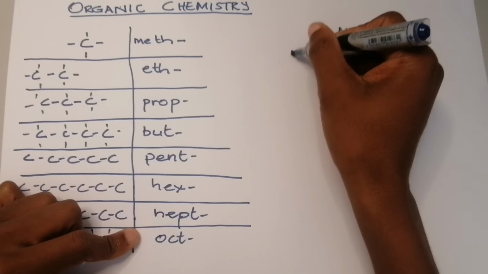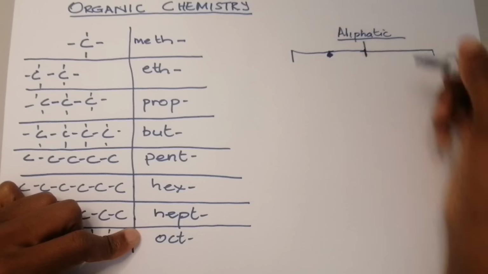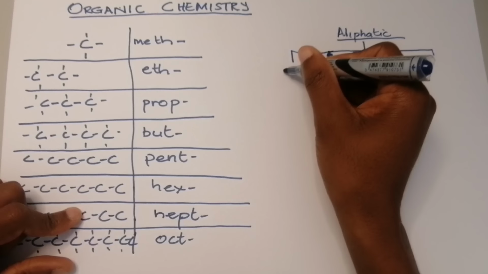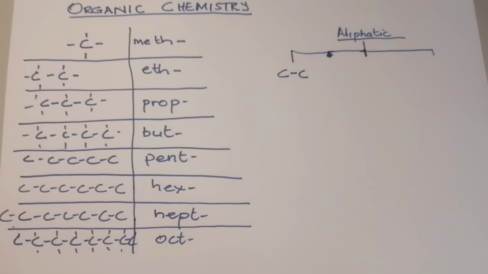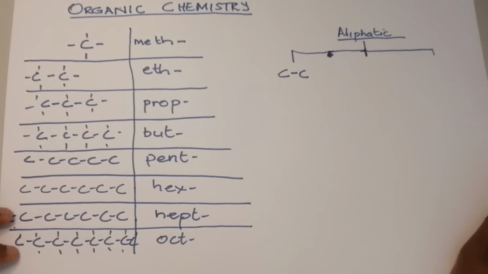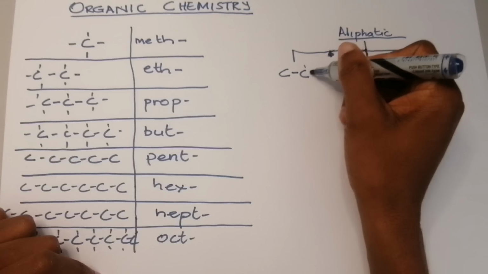In our aliphatic compounds, we've got the first group, and in this case, we've got what we call a homologous series. Those are a group of compounds that have the same general formula, and in the series, they differ from one another by CH2.